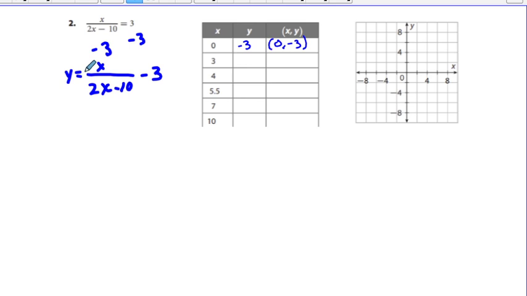Next, if we plug in 3, I'm just going to work this out, or y equals 3 over 2 times 3 minus 10 minus 3, which is going to be 2 times 3 is 6. 6 minus 10 is 4, so we're going to get 3/4 minus 3, which is going to be equal to negative 2.75. So we get 0, comma, negative 2.75.